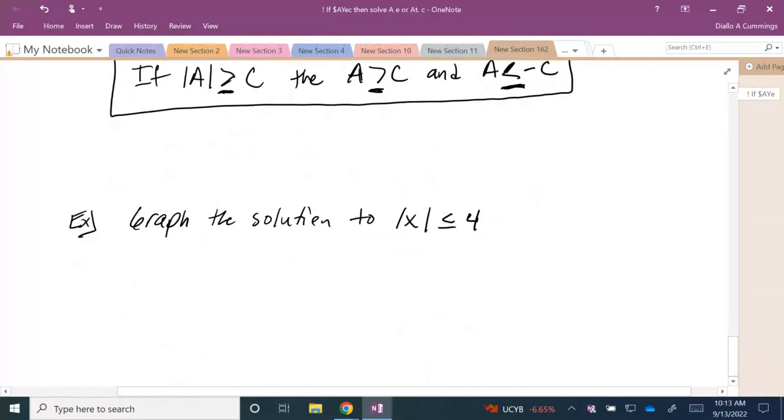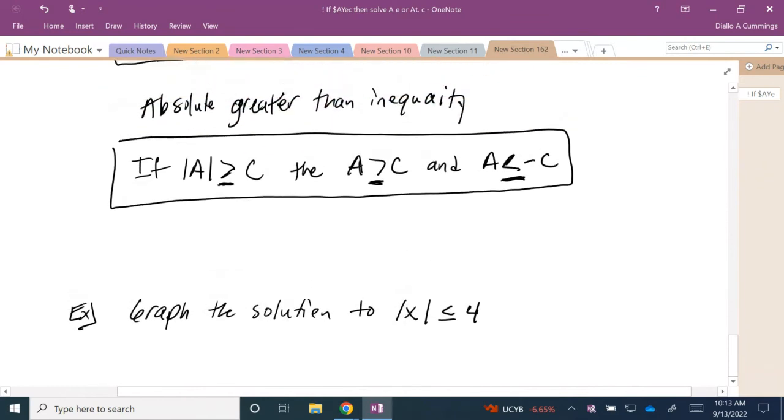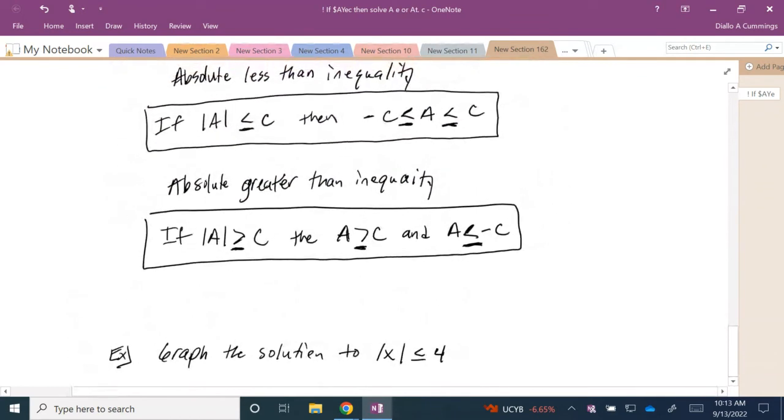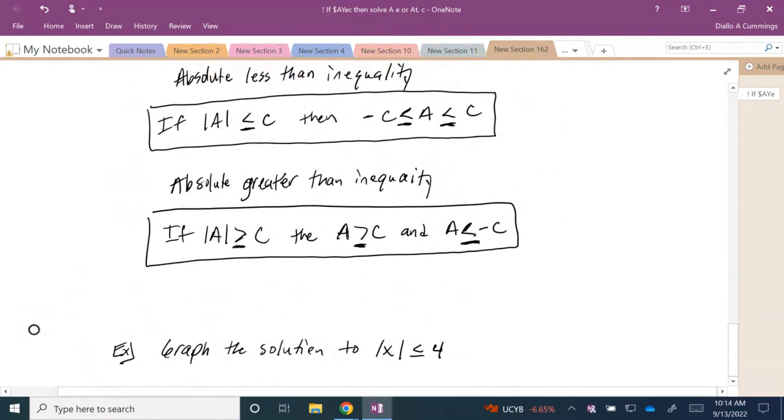In this case, the absolute value is isolated. We have the absolute value of x is less than or equal to 4. In order to graph it, I'm going to use the less than or the less than or equal to formula, which is this first one. So I'm actually going to apply that to the absolute value of x is less than or equal to 4.